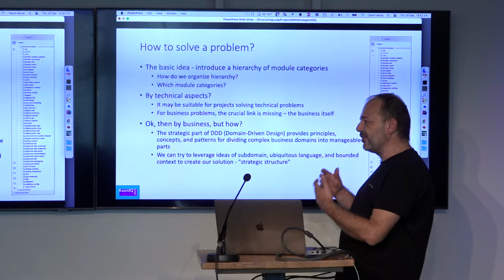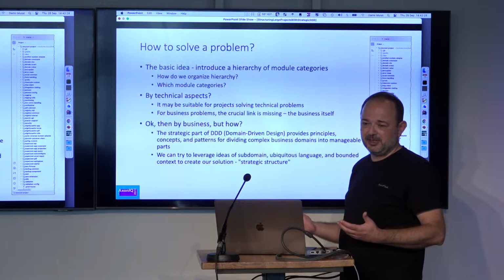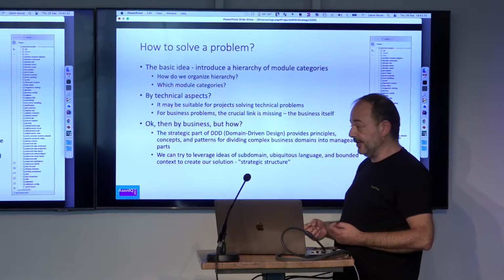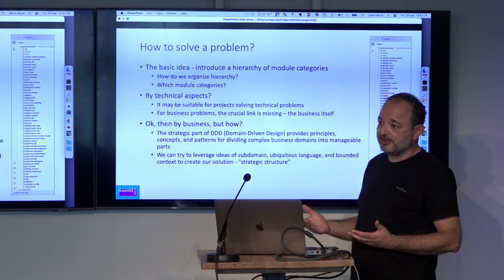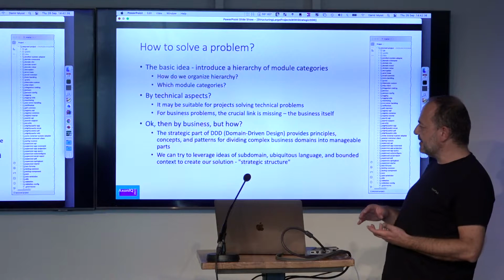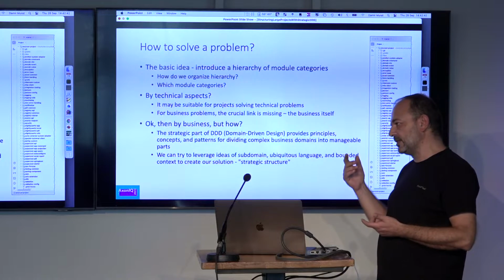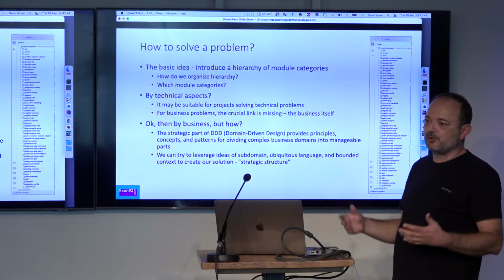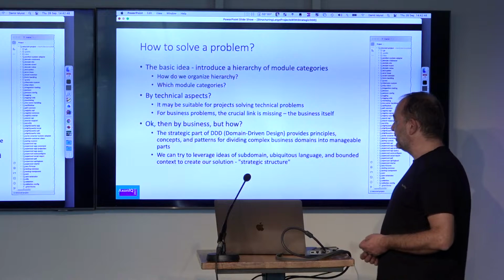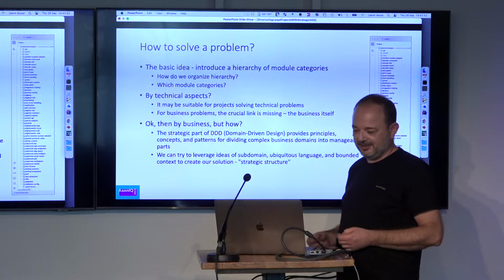So what we are trying to do here is actually to divide a complex business domain into smaller, much more manageable parts, and that is exactly the subject of strategic DDD. So now the idea is to leverage the three main strategic DDD pillars of bounded context, subdomain, and ubiquitous language to create our solution. And we will call it strategic structure, with the obvious reference to strategic DDD.